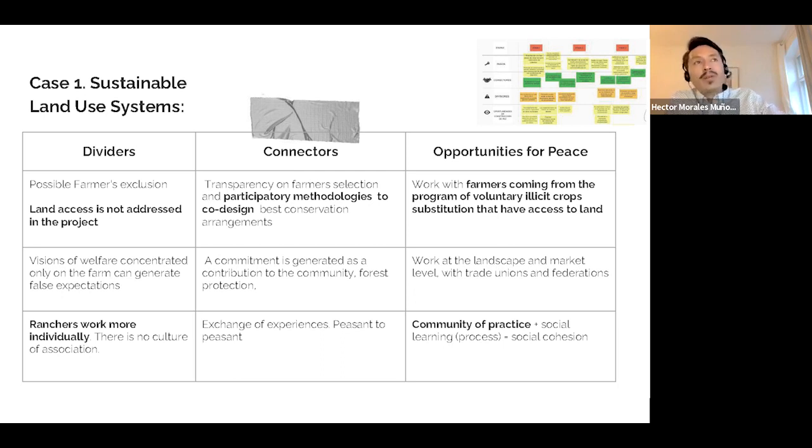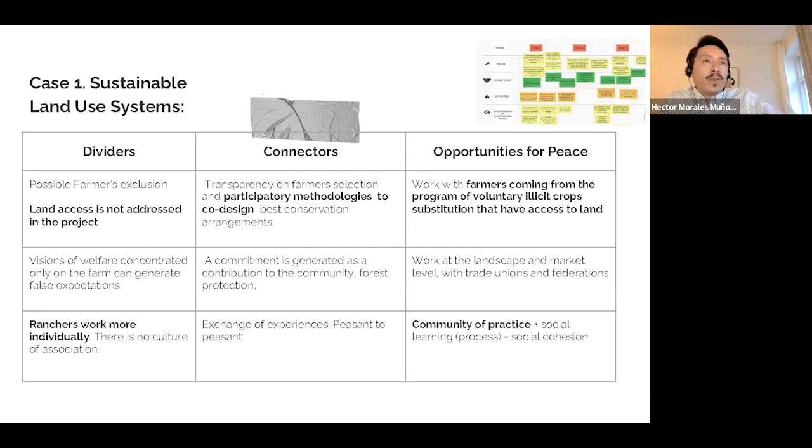And a way to diminish the divider of land access was to have a joint contribution or collaboration with other projects, working with farmers coming from the program of voluntary illicit crop substitution that already have access to land, and they could profit from these kinds of agroforestry practices to enhance their production and prevent them from going into the forest to cut more trees.